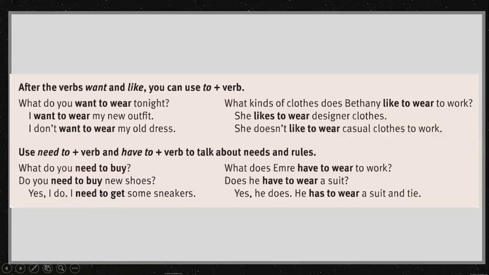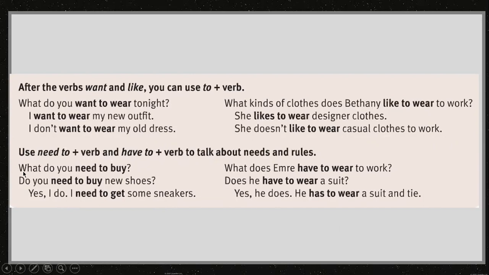This is the little review about the topic of the last week and the topic of this week. So remember that we have like and we have want. In this case, we have need to and have to.